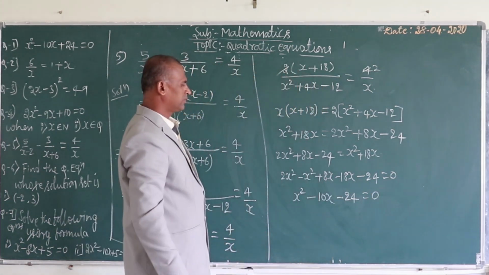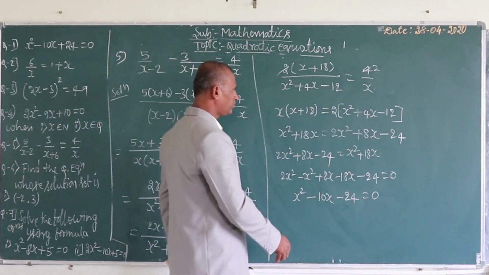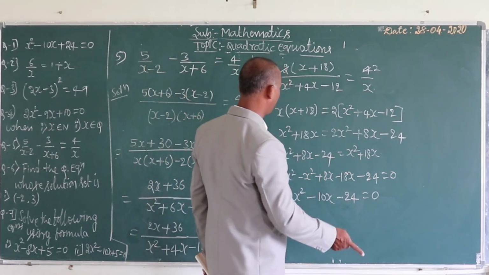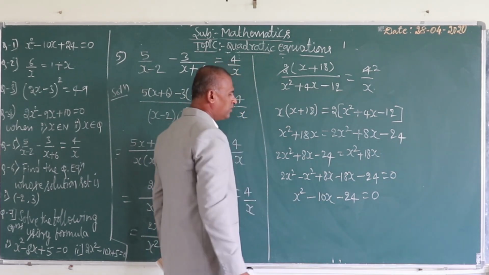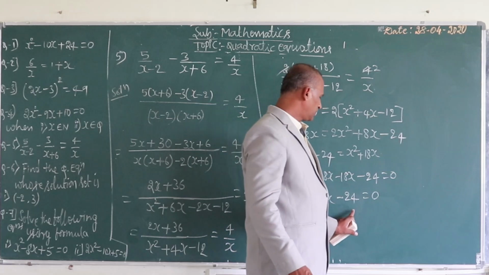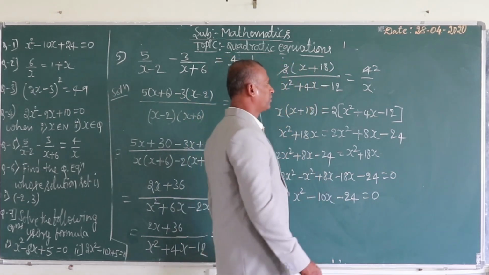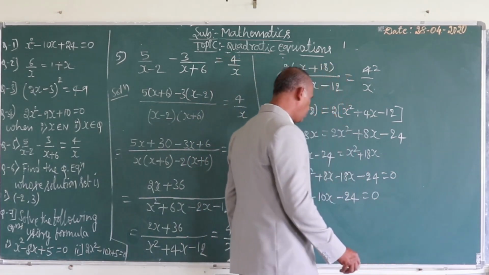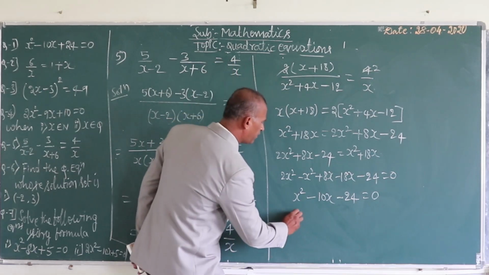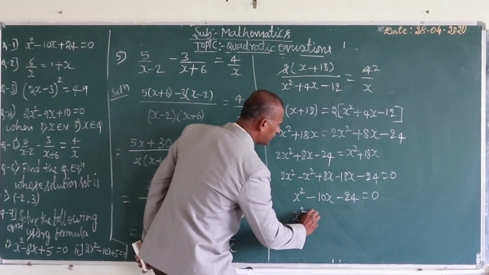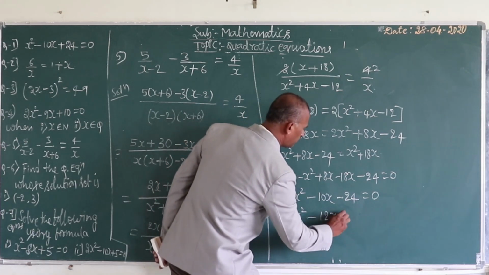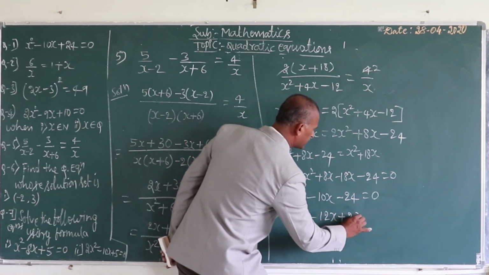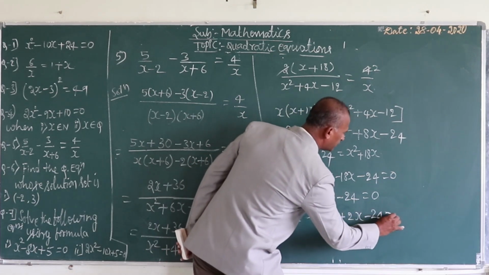Now we have to write 6 fours are 24, otherwise 12 twos are 24: x square minus 12x plus 2x minus 24 is equal to 0.